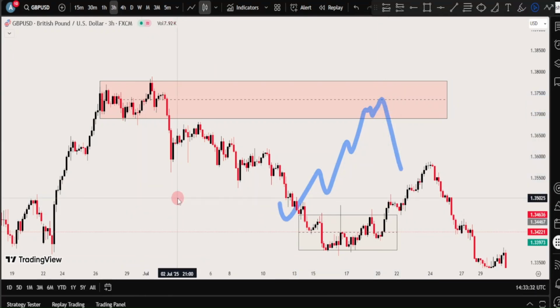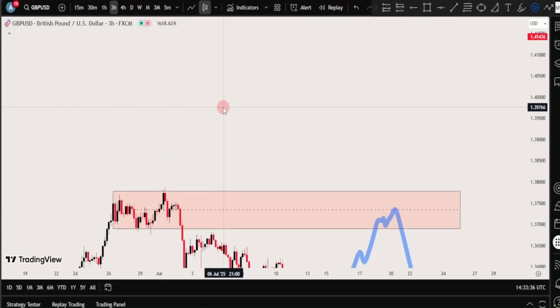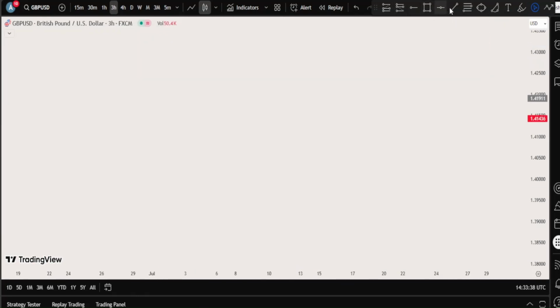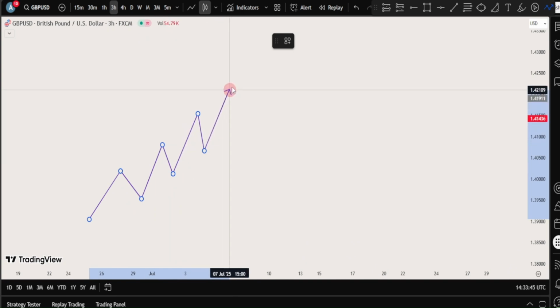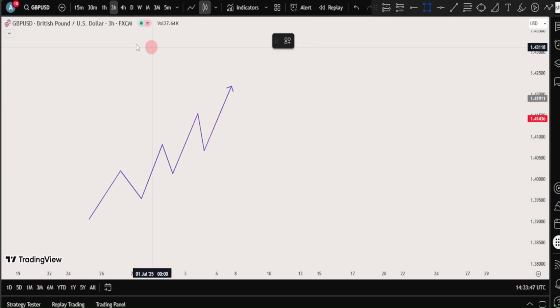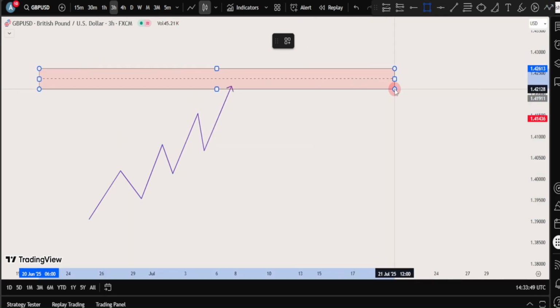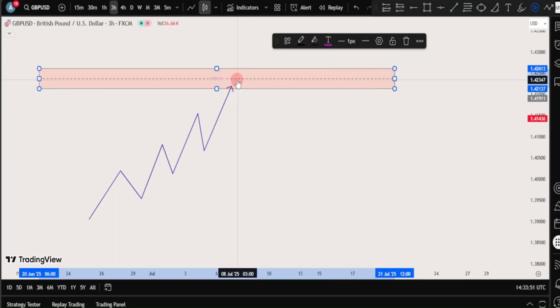And what makes supply and demand valid? If you want to know whether it is valid, let me show you right here what makes it valid. Let's say price is pushing up like this, up, down, up, down, up, down, up, and there is a strong supply zone here. What makes this zone valid?